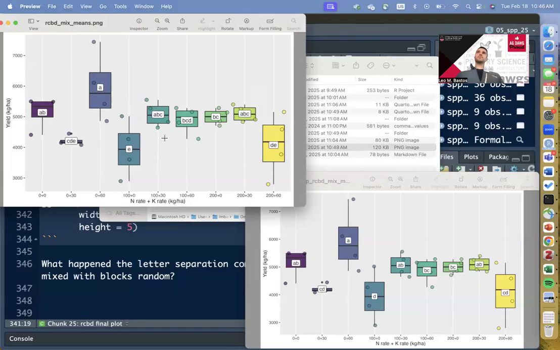So this one I have on top is for the RCBD mix, the one that we did last exercise. The one that we did today is the one on the bottom here, on my screen at least. So the one that we did today, there's no E there, but the one that we did without the split plot, just the RCBD with blocks random, had an E, which is the one on top. At least I had. I don't know. Yeah.